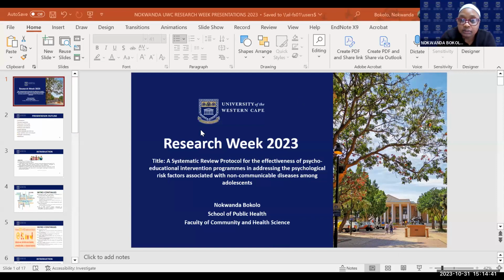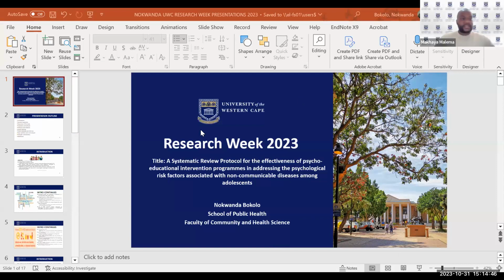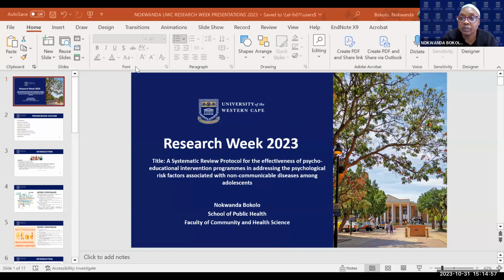Thank you, Dr. Malema. Can everybody hear me? Yes, you just need to put your presentation on presentation mode. Yes, the screen is just above me here. I don't know how to move it. Bottom key here.